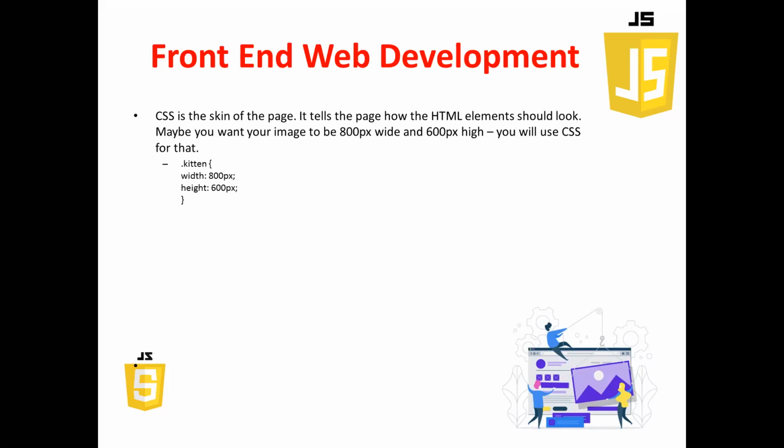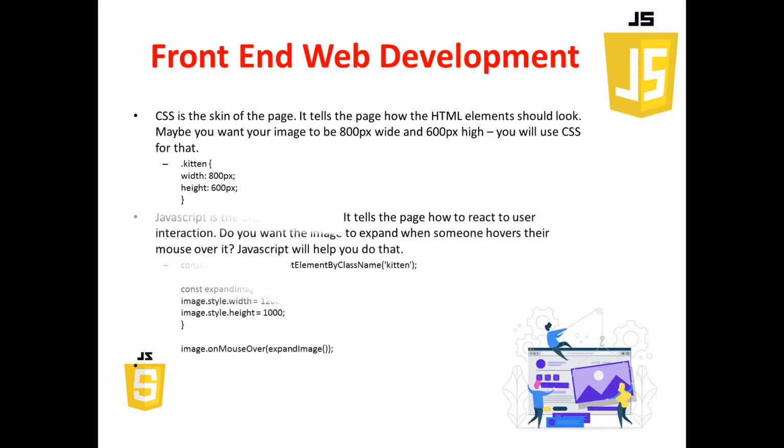You will use CSS for that. Like I have given you one example: you have kitten as an element, and you want its width to be 800 pixels and height 600 pixels, like that.